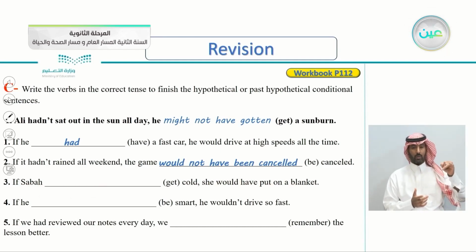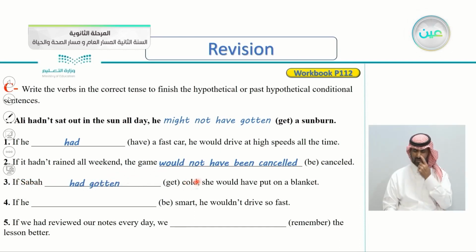So now we're answering the if clause here. If Sabah, and the verb is get cold, she would have put on a blanket. So the correct answer is had gotten. If Sabah had gotten cold, she would have put on a blanket.